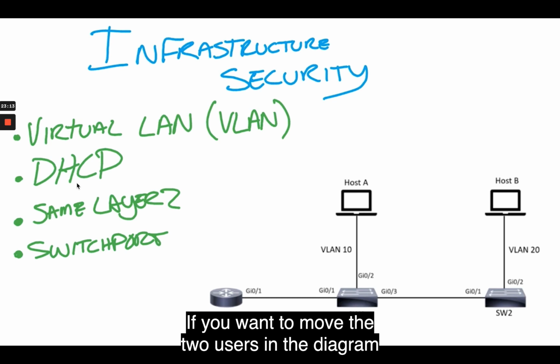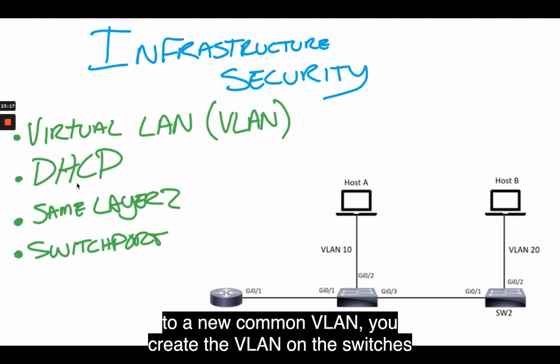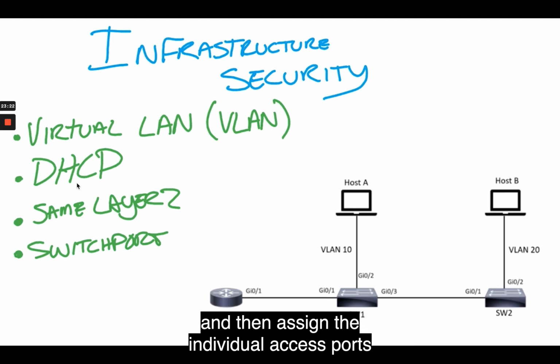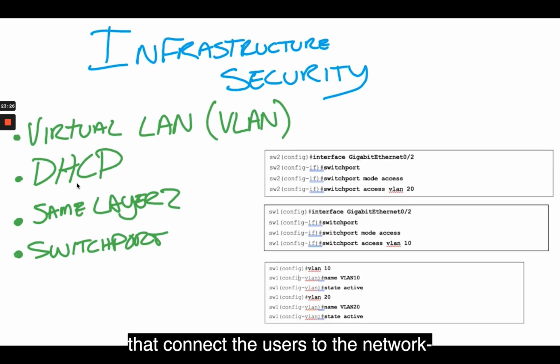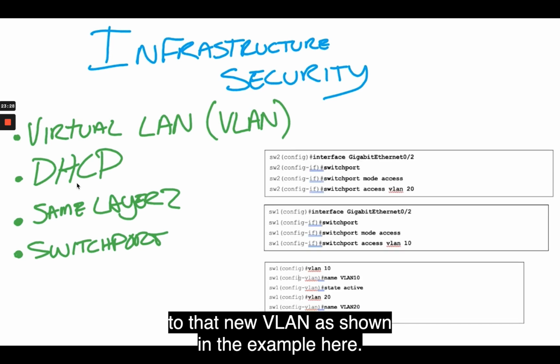If you want to move the two users in the diagram to a new common VLAN, you create the VLAN on the switches and then assign the individual access ports that connect the users to the network to that new VLAN, as shown in the example here.